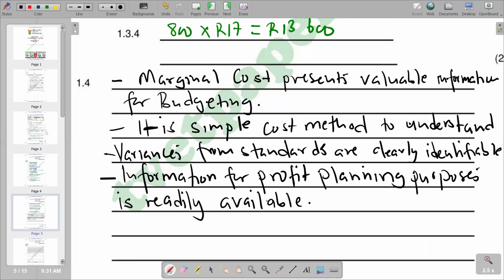The other point is that information for profit planning purposes is readily available, which is now the fourth point. Remember, we need 5 points. So it is also an effective tool in short-term decision making.